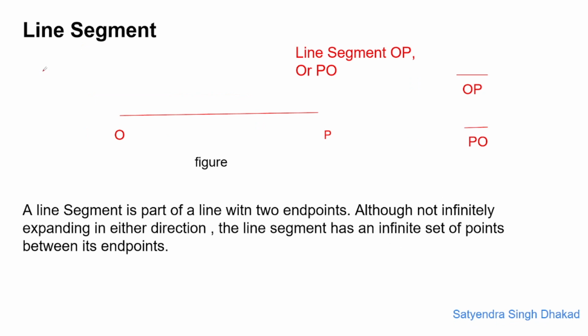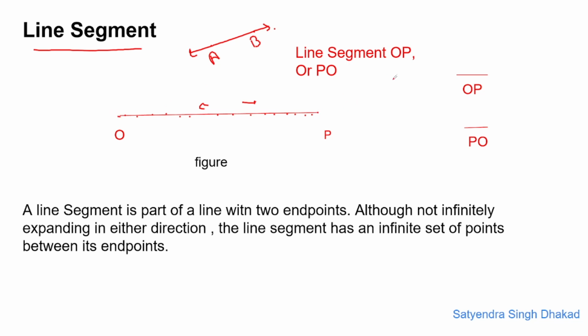Line segment. What is a line segment? In simple words, a line segment is a part of a line with 2 endpoints. In other words, a line segment is a set of infinite points expanding in opposite directions within two endpoints.